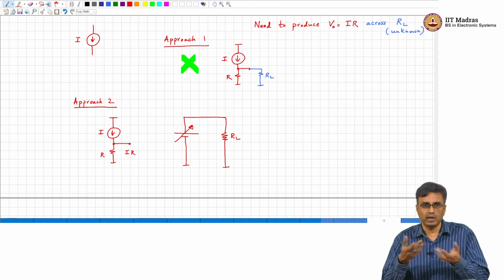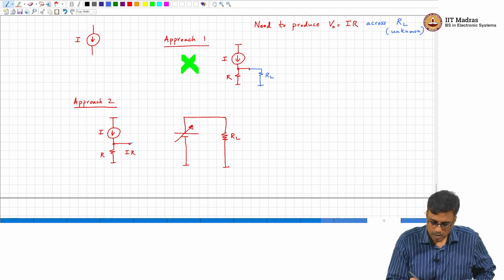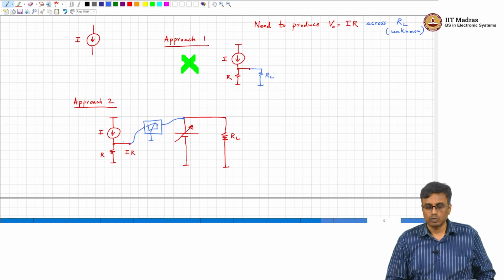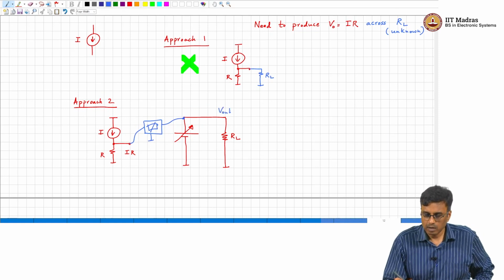So, what do we need? What kind of instrument do we need to compare these two voltages? Voltmeter. So, basically you say I am going to put a voltmeter between those two nodes, correct. So, this is V out.